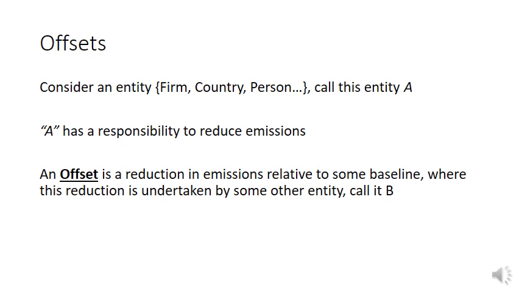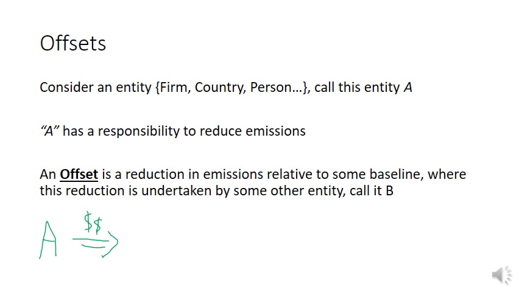An offset is a reduction in emissions relative to some baseline, where the reduction is undertaken by a different entity. We'll call that entity B instead of entity A. What this means is that entity A is paying entity B to do the reduction for it.